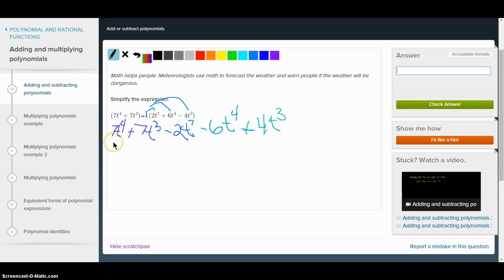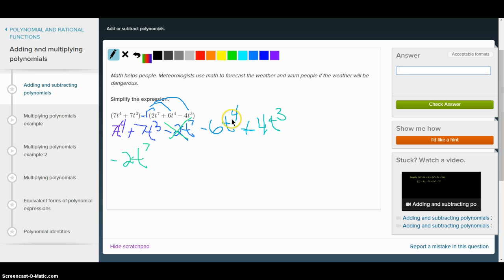Now we're going to combine all the terms, and it's typical to start with the largest exponent first. So we have negative 2t to the seventh, and we'll just cross them out when we're done with them, so we don't double count them. And then we get to the fours, so we have 7t to the fourth minus 6t to the fourth.